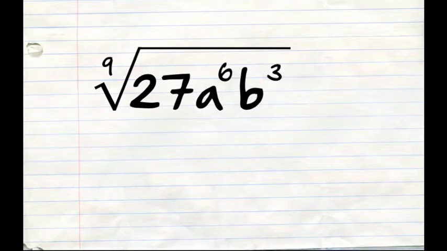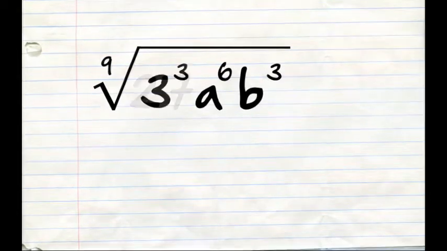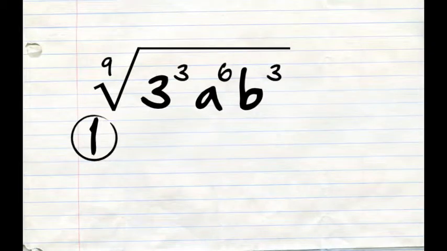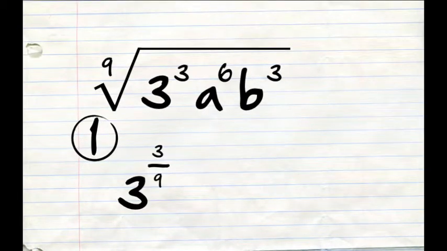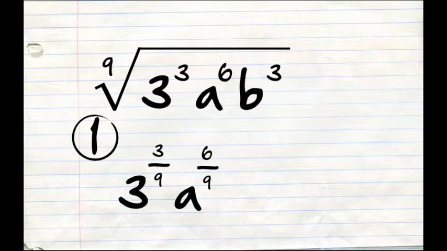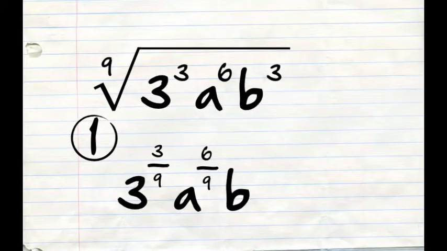Note that 27 can be written as 3 cubed. So our expression will be 9th root of 3 cubed, a raised to 6, and b raised to 3. Applying the first step, this expression will become 3 raised to 3 over 9, a raised to 6 over 9, and b raised to 3 over 9.